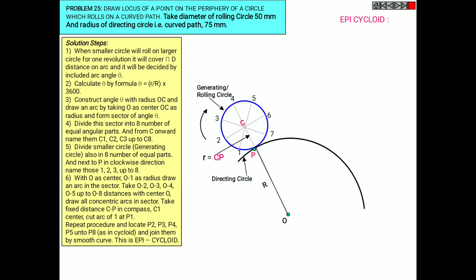Now the smaller circle has a radius of 25 mm and it is denoted as small r.